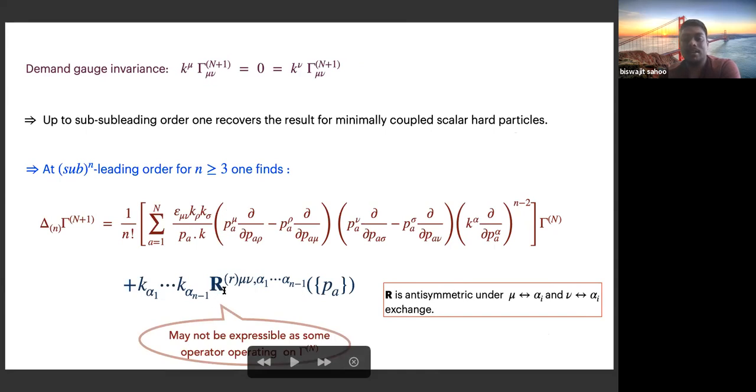It is not even clear whether this can be written in terms of gamma n, that is, in a fully factorized form, but you can fix the properties of this R just from demanding gauge invariance: if you exchange mu and any of the alphas, or nu and any of the alphas, it will have to be antisymmetric, just to make the gamma n plus 1 gauge invariant, but you cannot fix this R completely. So this is the status of the soft theorem at tree level in d equal to 4, or d greater than 4 at loop level, up to now.